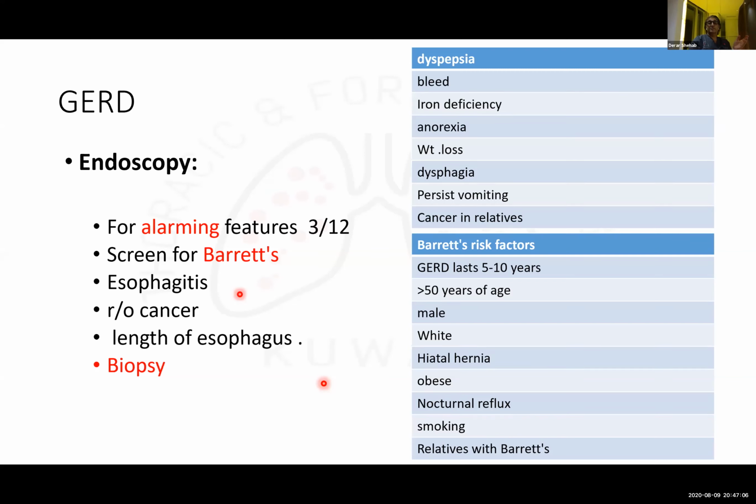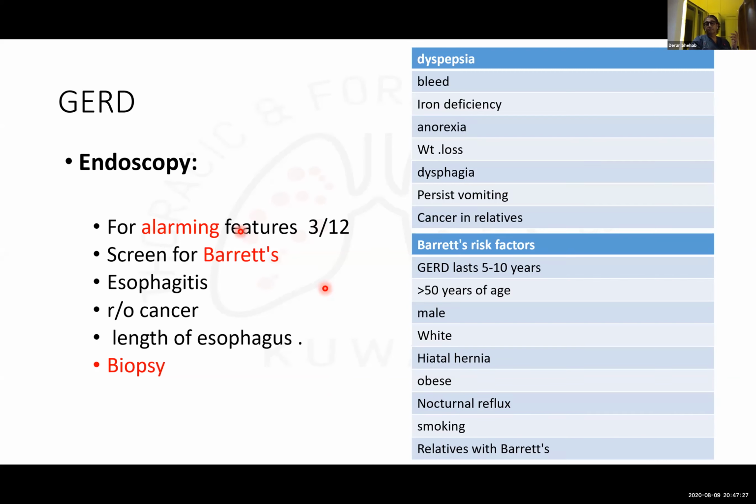Endoscopy is indicated for patients with alarming features for more than 3 months, like for example, bleeding, iron deficiency anemia, weight loss, dysphagia, history of cancers in first-degree relatives, or those patients who have risk factors for Barrett's esophagus.